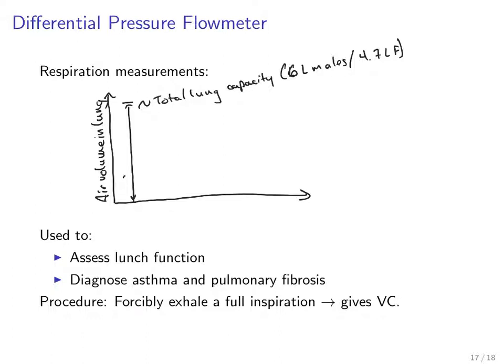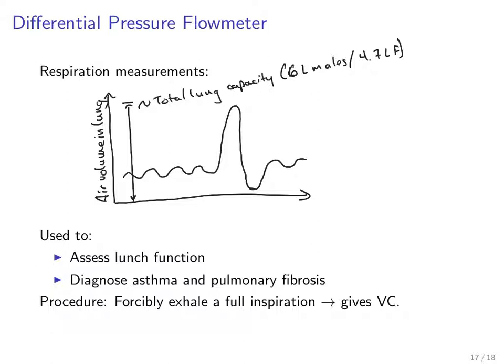Then, as somebody is breathing, normal tidal volume breathing, they're going to have some small change. If they take a big inhalation, they're going to hit the total lung capacity. If they do a big exhalation, they can never quite get all the air out, and then there's tidal breathing after that, which is what I'm illustrating there.